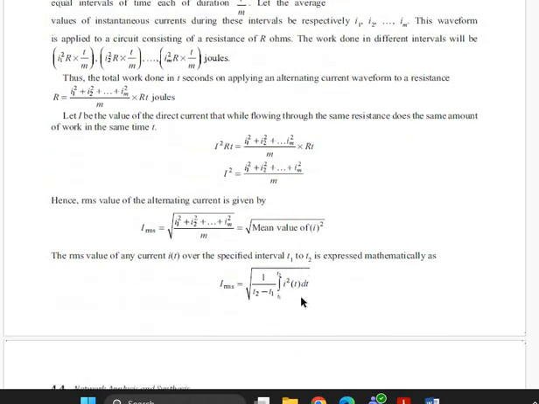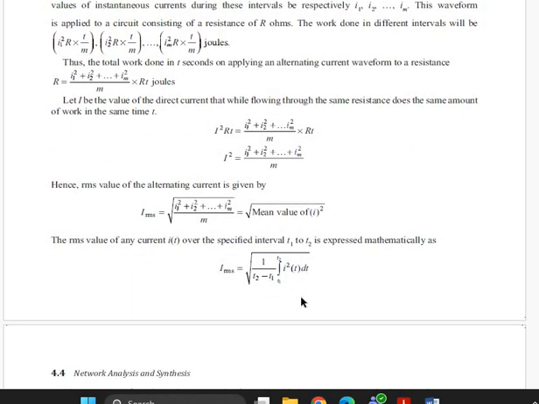Hence, the RMS value of the alternating current is given by RMS is equal to root of I1 squared plus I2 squared plus etc. Im squared divided by m, that is the square root of the mean value of I squared.